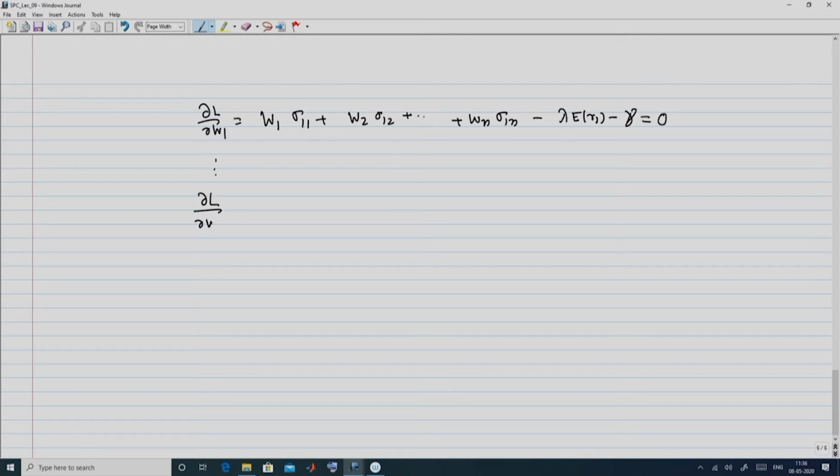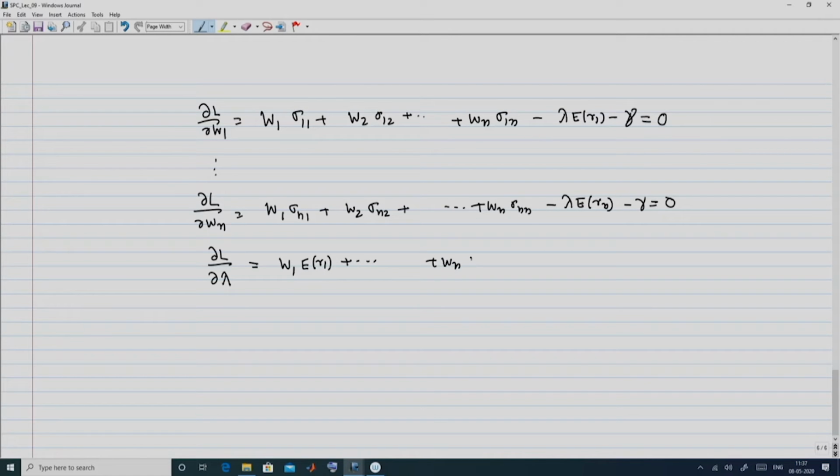Likewise, del L del w_n is w_1 sigma_n1 plus w_2 sigma_n2 all the way to w_n sigma_nn minus lambda E(r_n) minus gamma, equal to 0, plus the two additional conditions that del L del lambda is w_1 E(r_1) all the way to w_n E(r_n) minus E(r_p) equal to 0, and this basically recovers the constraint that we had here.